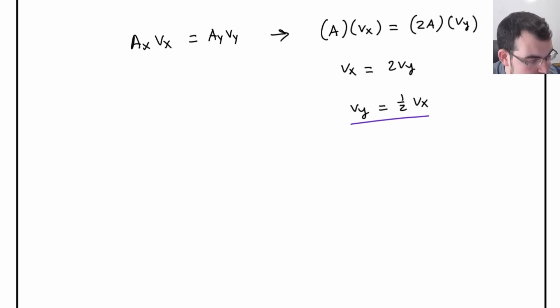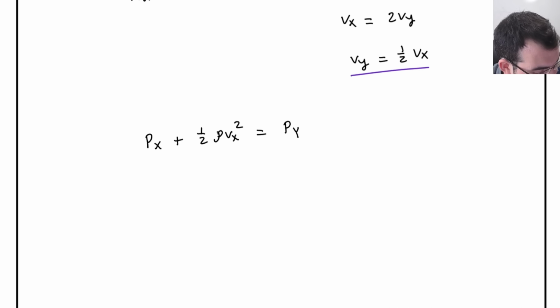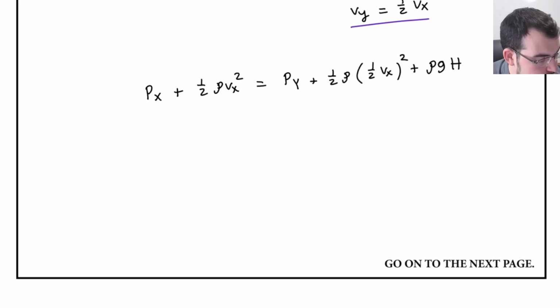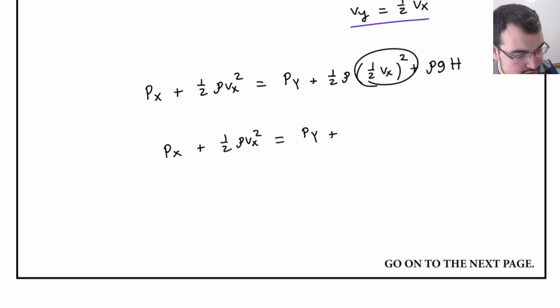So now we can substitute that in there. So we get Px plus 1/2 rho Vx squared is equal to P at Y plus 1/2 rho (1/2 Vx) all squared plus rho GH. So we get Px plus 1/2 rho Vx squared equals P at Y plus, squaring this gets a quarter.